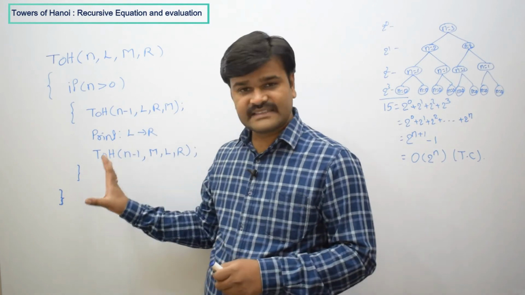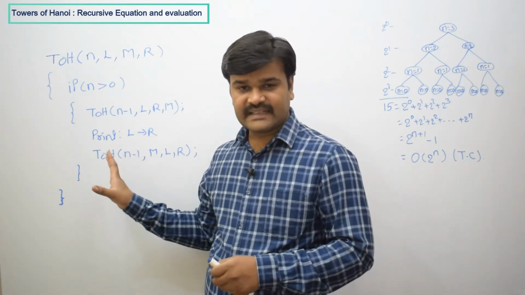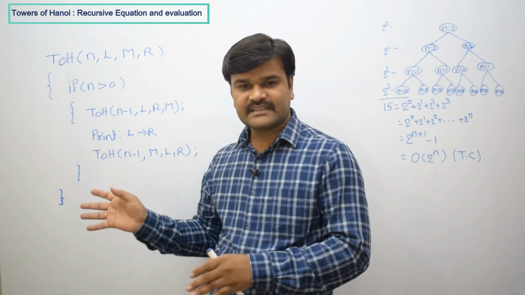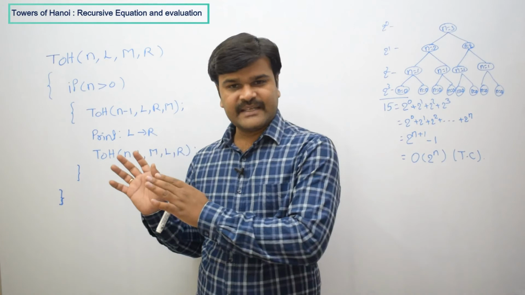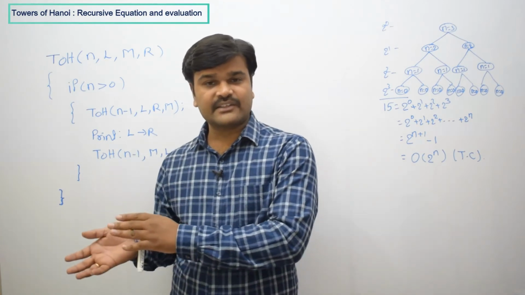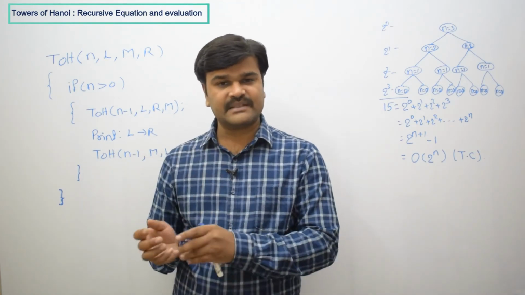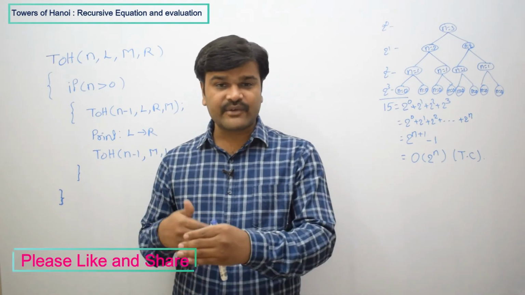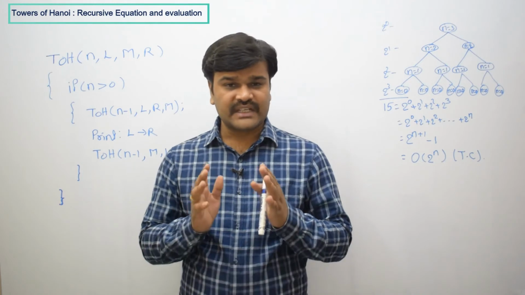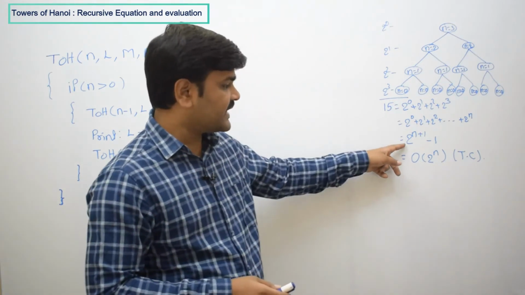Here we have a recursive code. We did the analysis of that recursive code with a recursion tree. Now we are first converting the same recursive code into a recurrence equation. Mathematically we are converting it, and after converting, we are going to solve this equation, right? So that also has to give the same number of function calls.